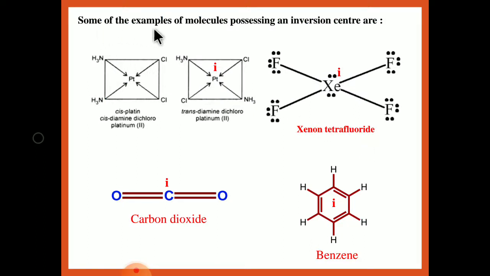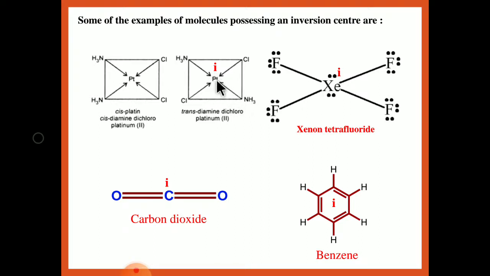There are some examples of molecules possessing an inversion center. First is cisplatin and another is trans diamminedichloroplatinum(II), that is transplatin. So here trans diamminedichloroplatinum(II) has a center of inversion because the two chlorine atoms are situated in opposite directions and the two NH3 ligands are situated in opposite directions, at equal distance from platinum.